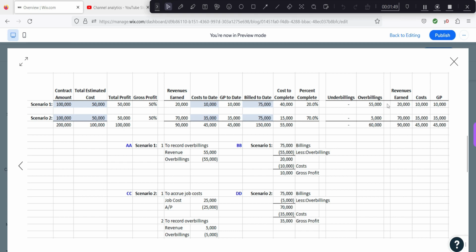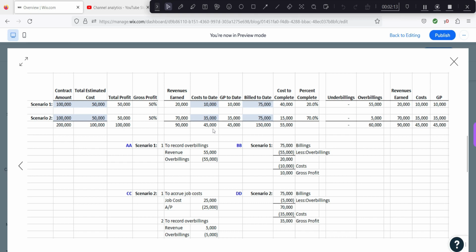We went from $55,000 to $5,000 in overbillings. That's a huge difference there. You take your bill to date amount minus this overbilled amount, and you're at $70,000 in revenue you can recognize. So clearly, huge difference in how much revenue you can recognize.